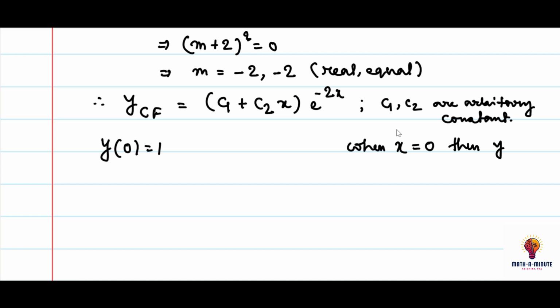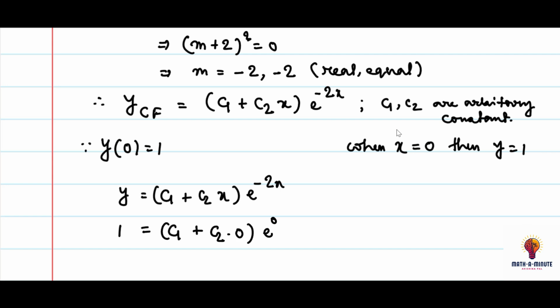Here we get the solution y equals c1 plus c2x into e to the power -2x. Now, if we put x equals 0 here, then the value of y equals 1. Since y of 0 equals 1, it will be c1 plus c2 into 0 times e to the power 0.